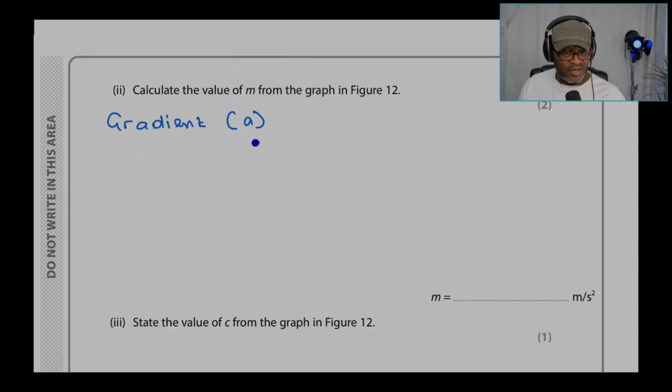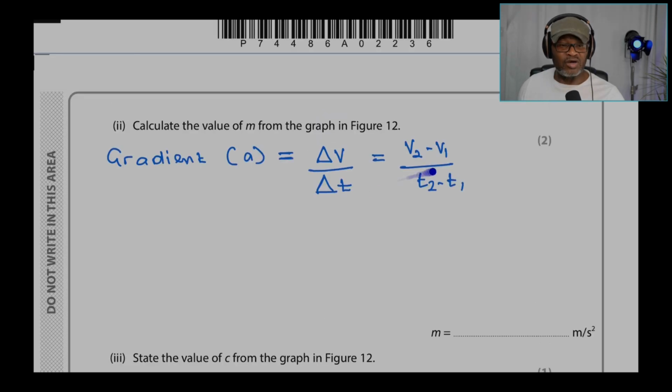The gradient is actually the acceleration, because gradient of a velocity time graph is acceleration. So that is change in velocity over change in time. There's a little delta here, it means small change, delta v over delta t. And what that meant is final velocity minus initial velocity, v2 minus v1, over final time minus initial time, t2 minus t1.